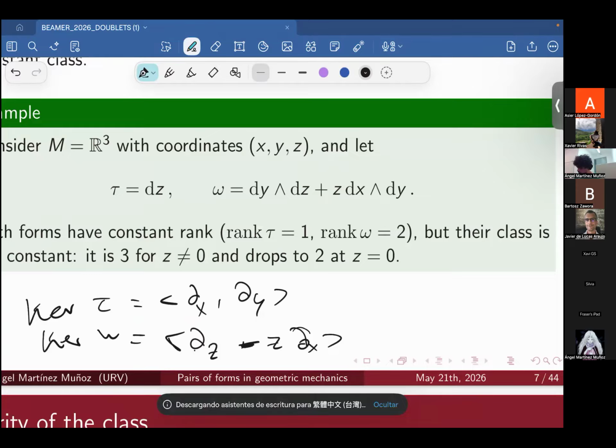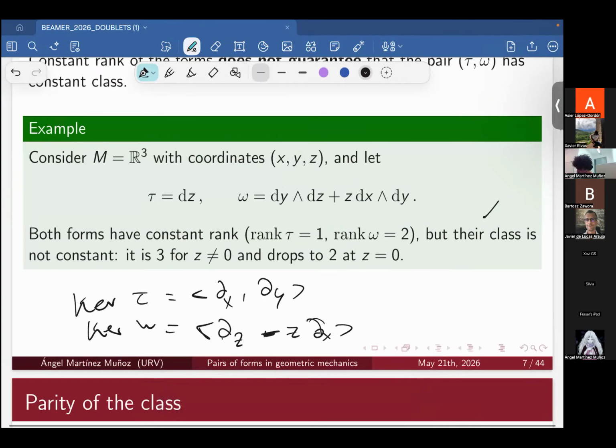So this would be your kernel. And then, as you can see, the ranks are 1 for this, because the rank is the codimension of this kernel. As we have 2, and the dimension is 3, the rank is 1, and for the other one, it's always 2. But the class is not constant, right?